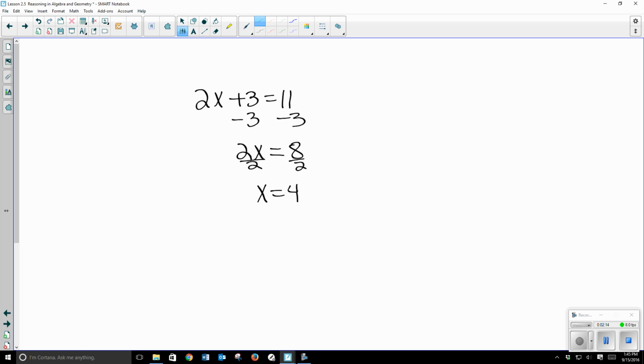So the additive inverse and multiplicative inverse, that's the numbers that we're using, not what we're doing. The numbers that we're using to get rid of it, and the actual process of doing it is the subtraction property and division property that allows us to actually go through that process.